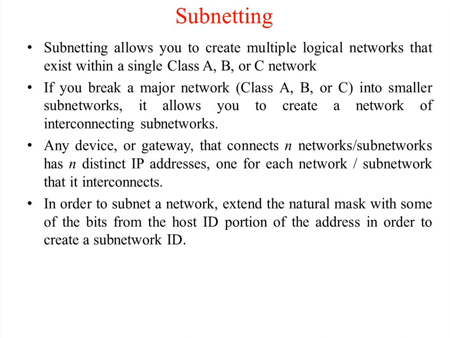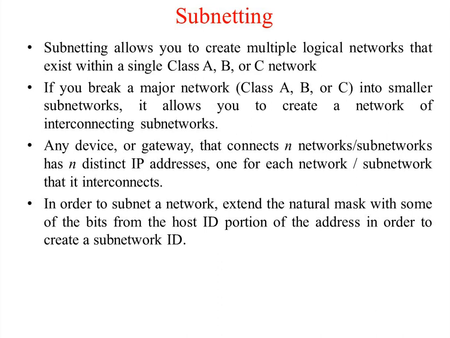So in order to subnet a network, what you are supposed to do, whatever may be the natural mask. Natural mask means, as we have seen in the previous case, 255 in case of class A and the remaining decimals are 0. In case of class B, 255.255 and the remaining are 0. In case of class C, 255.255.255.